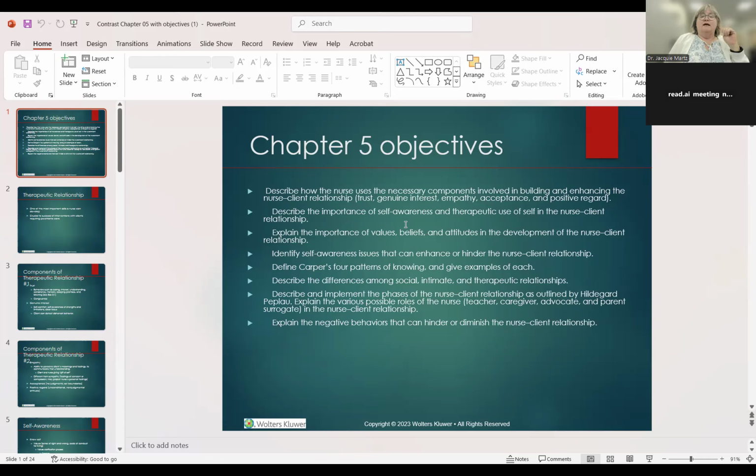Identify self-aware issues, define Carper's 4 patterns of knowing, give examples, describe the difference between social, intimate, and therapeutic relationships, describe the phases of the nurse-client relationship according to Peplau, and explain the negative behaviors that can hinder or diminish the relationship.